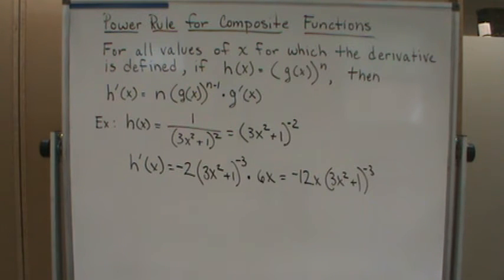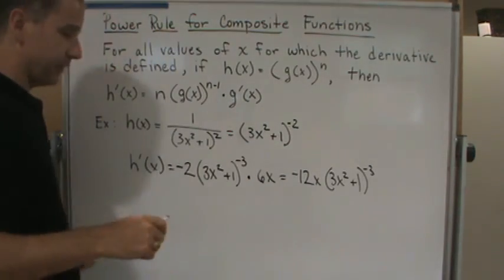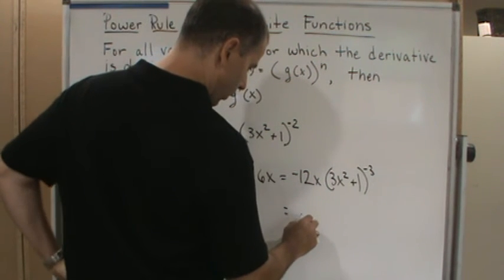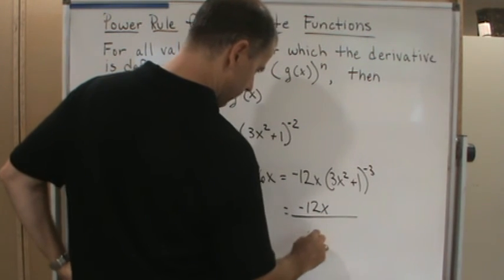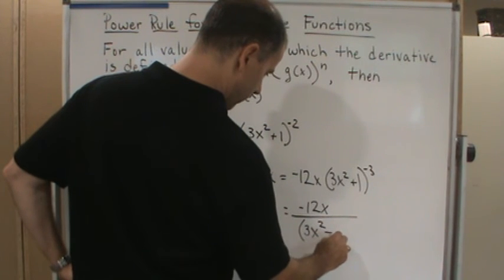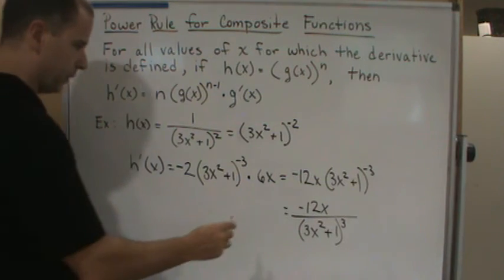Now, normally we don't leave it with negative exponents. We always want to have positive exponents, so we're going to have negative 12x divided by 3x squared plus 1 to the positive third power. So this would be your final answer.